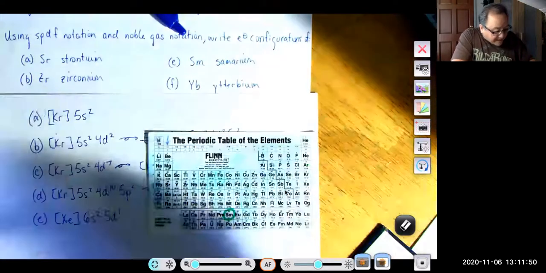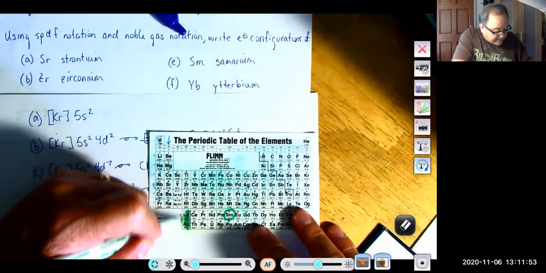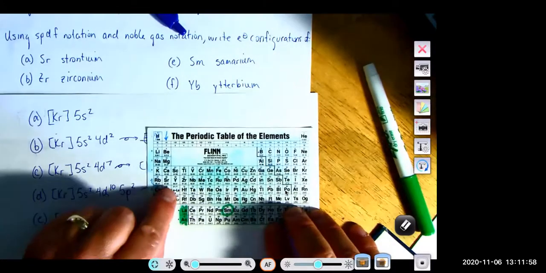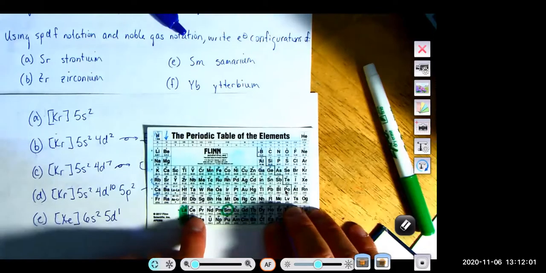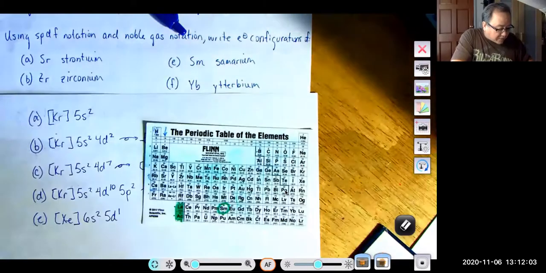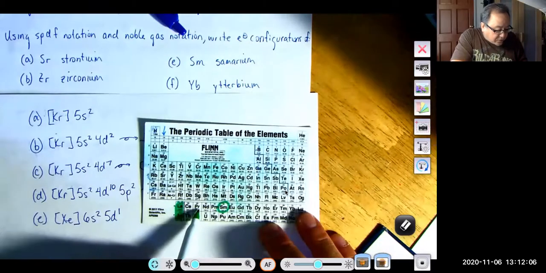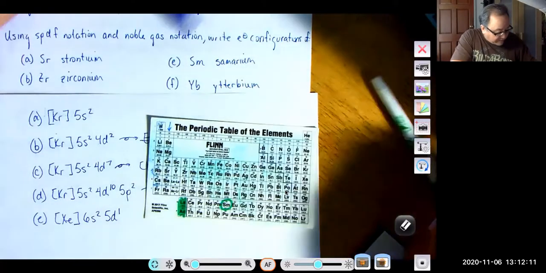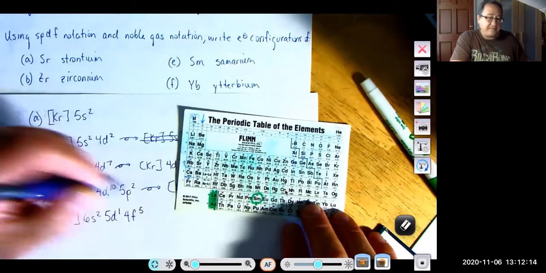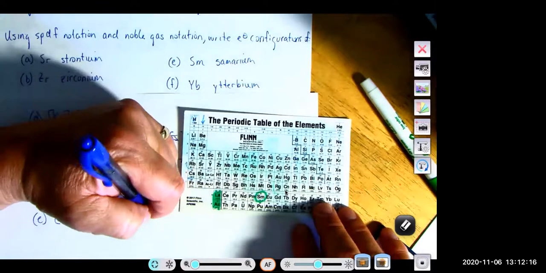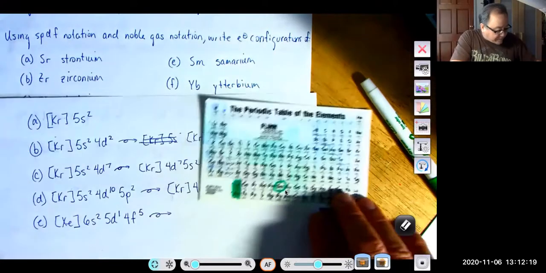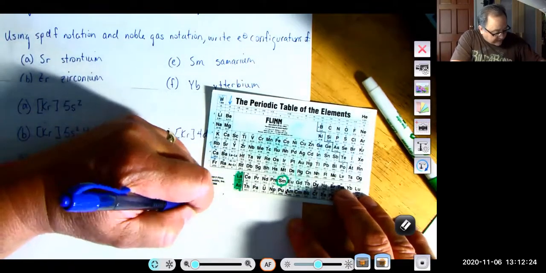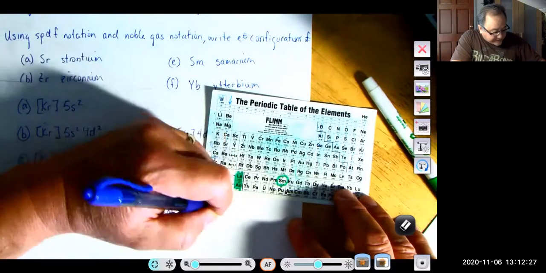Then we jump to the 4f. How many elements is samarium over? 1, 2, 3, 4, 5. So 4f5. Then we rearrange and we get xenon, 4f5, 5d1, 6s2.